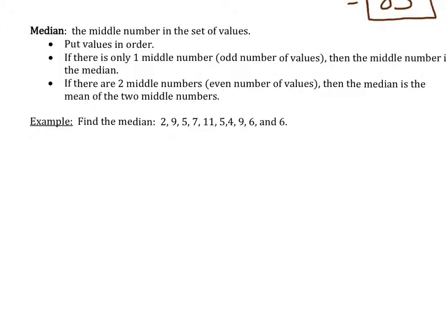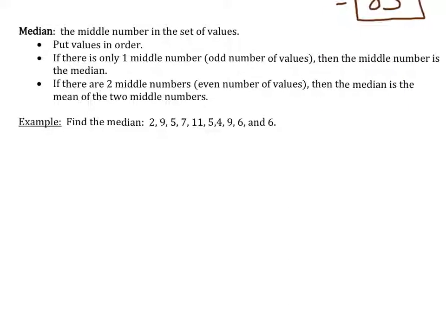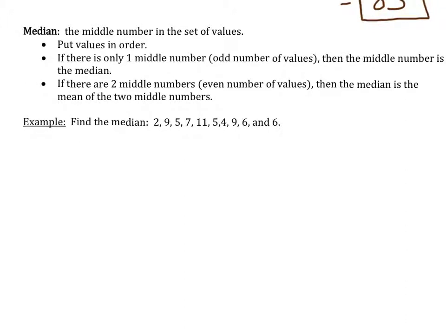It's basically the middle number in the set of data. In order to find that, we have to put our numbers in order. I always do mine from smallest to largest so that I know which number is actually in the middle. If there is only one number in the middle, then that middle number is the median. This occurs when we have an odd set of numbers.